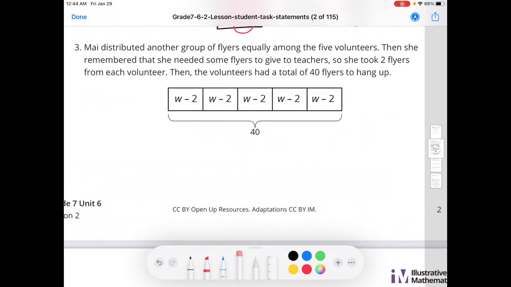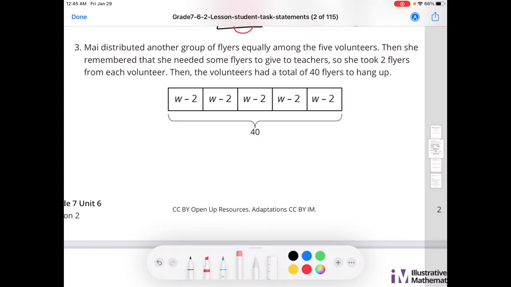On number 3, May distributed another group of flowers equally among the 5 volunteers. Then she remembered that she needed some flowers to give to teachers. So she took 2 flowers from each volunteer. Then the volunteers had a total of 40 flowers to hang up. So first we need to figure out how many flowers each volunteer has.